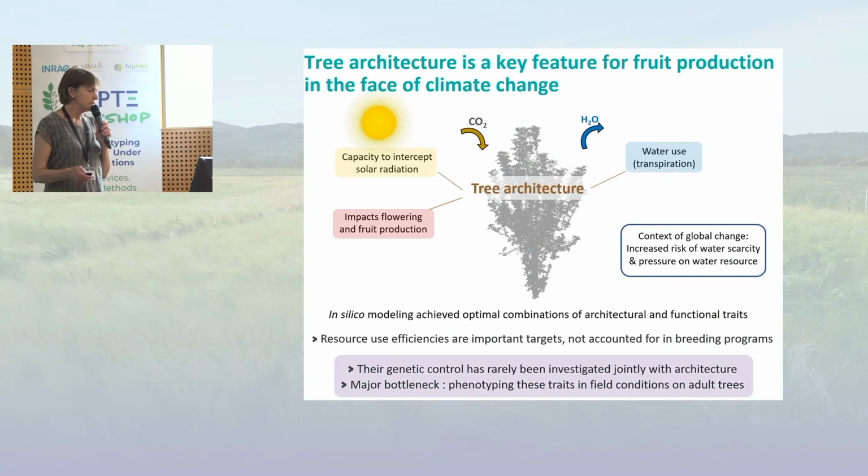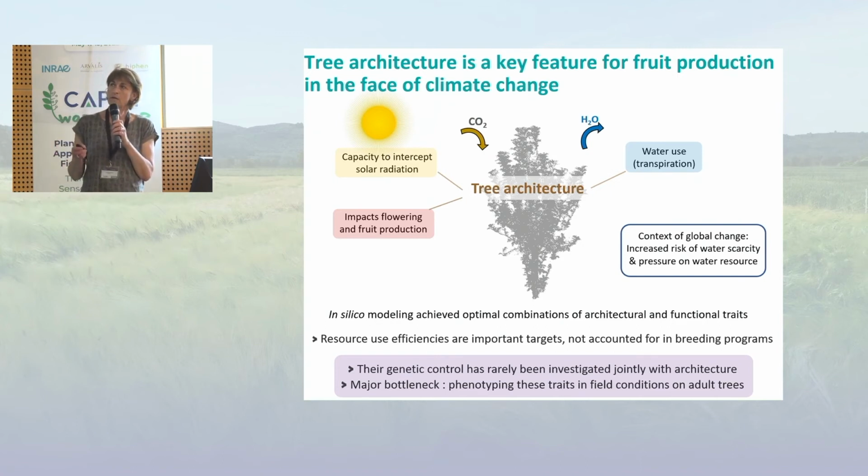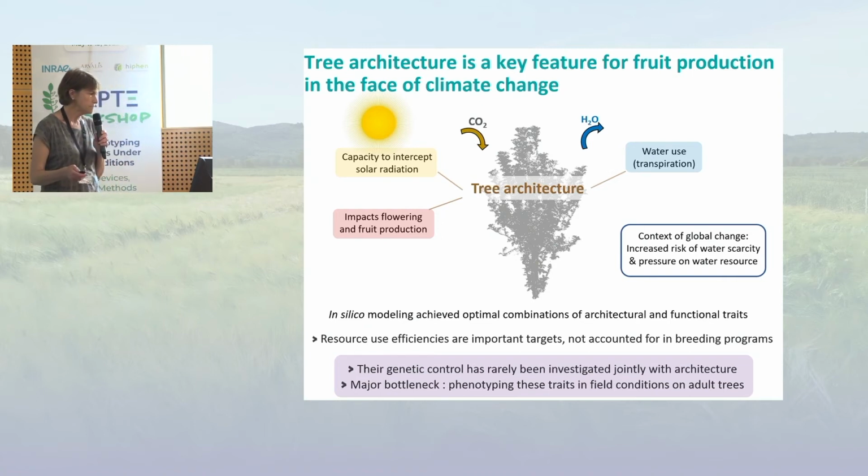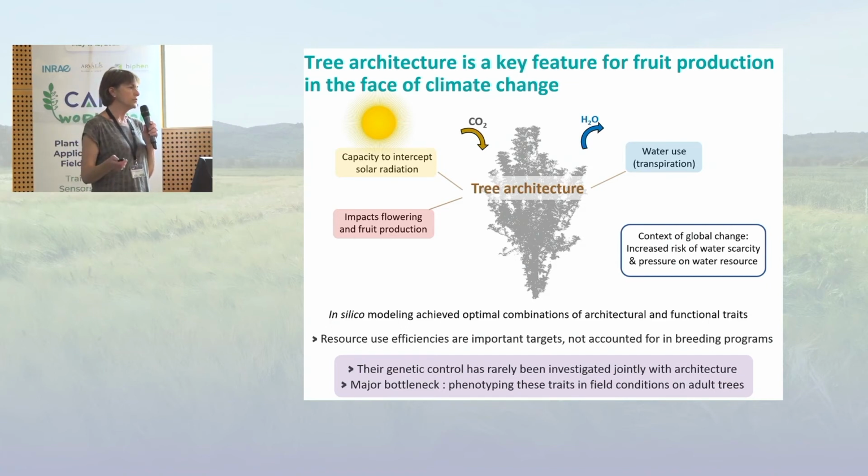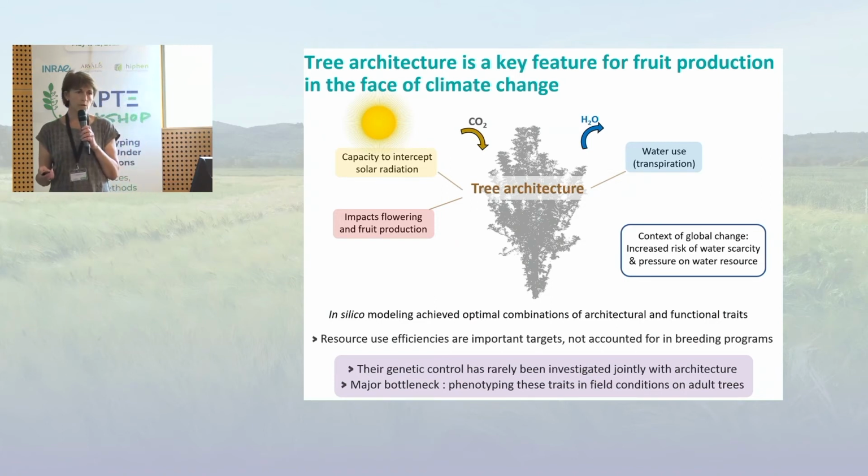And the genetic control of the two types of traits was never investigated because of a major bottleneck, which is the phenotyping. It was not possible to capture those traits in large populations. So we really addressed this question: how we could phenotype for tree architecture and functional traits at the same time on trees.